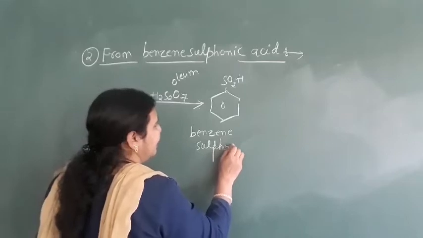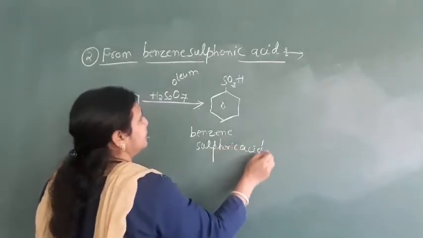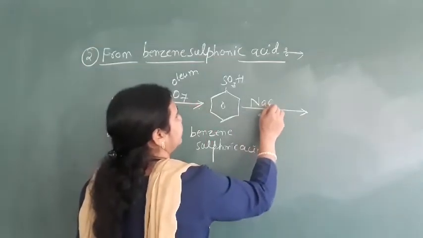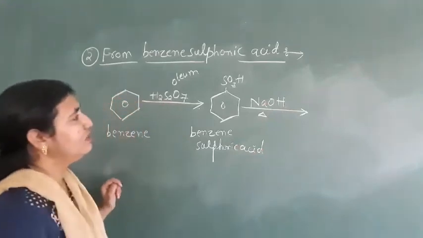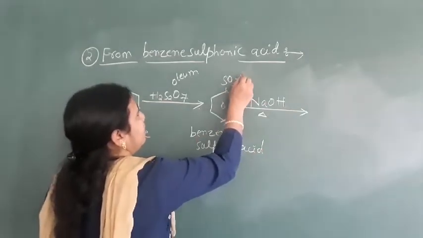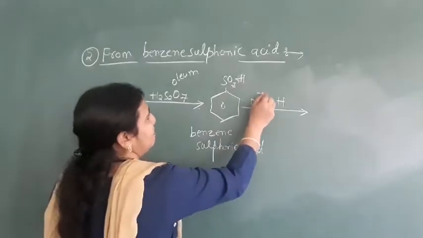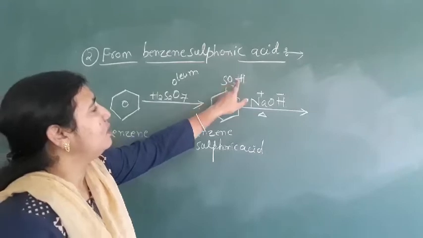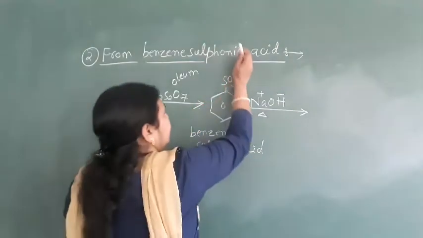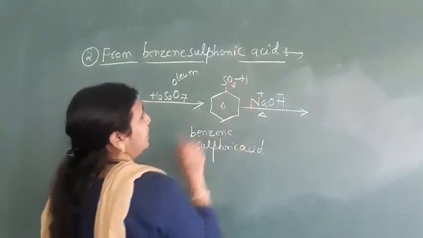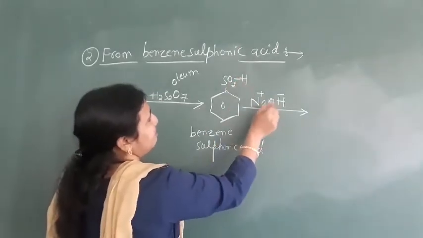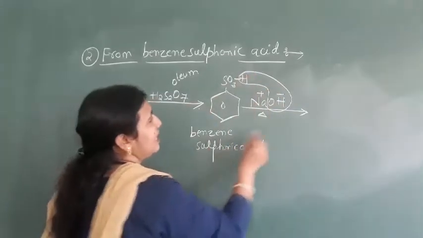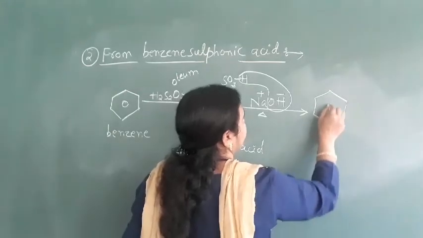This benzene sulfonic acid, when heated with NaOH, gives first SO3H, which has a protonated H. This H will go with the OH minus, and here we will get SO3Na.